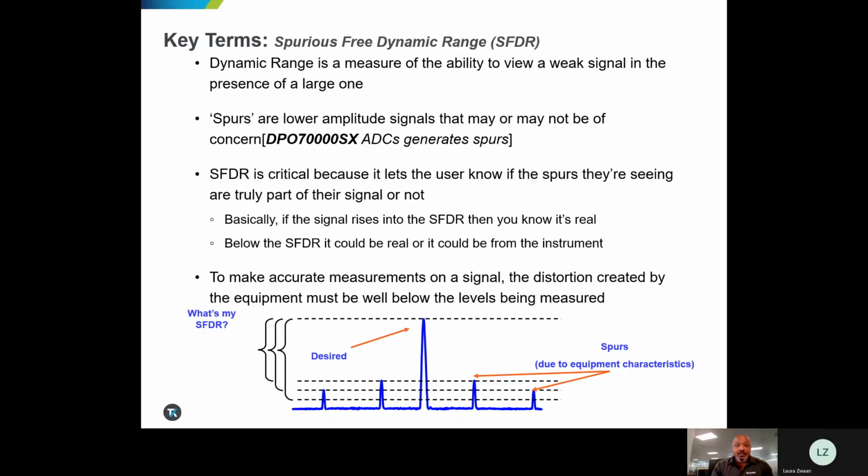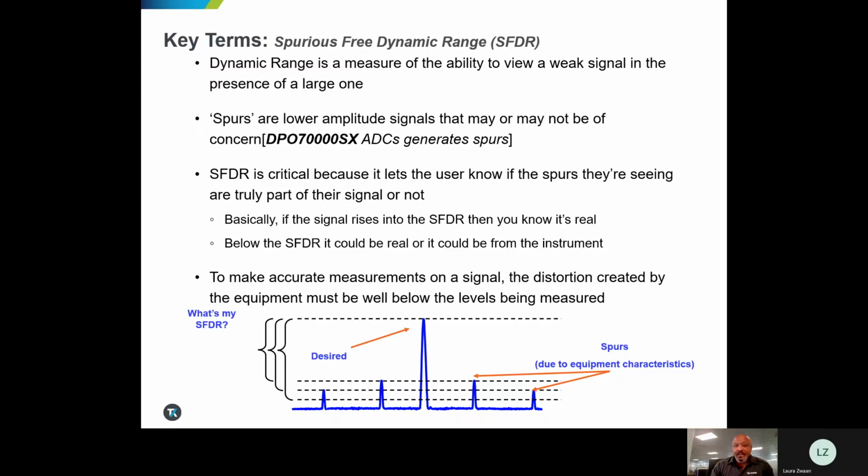And there are certain spurs that are created due to the architecture of the high-speed analog to digital converter, which, if you are measuring a signal that's close to those levels, are going to perturb your measurement.